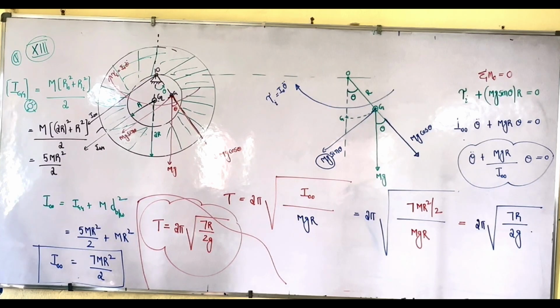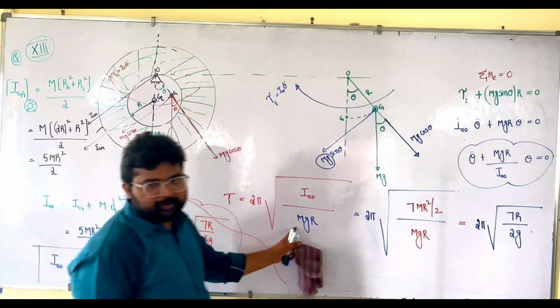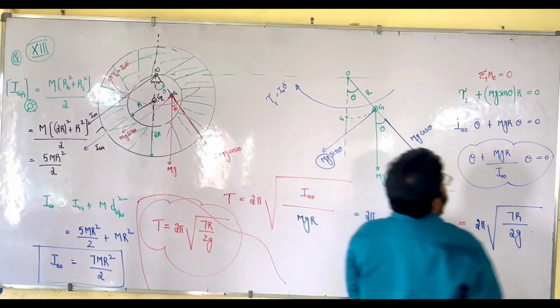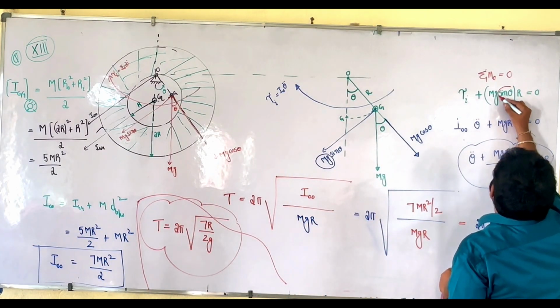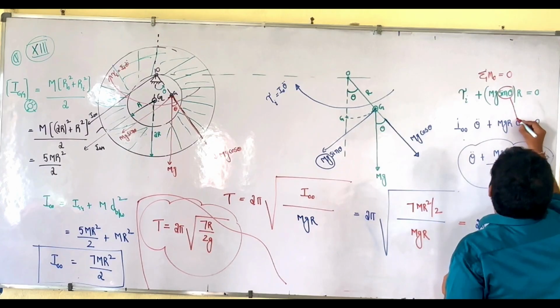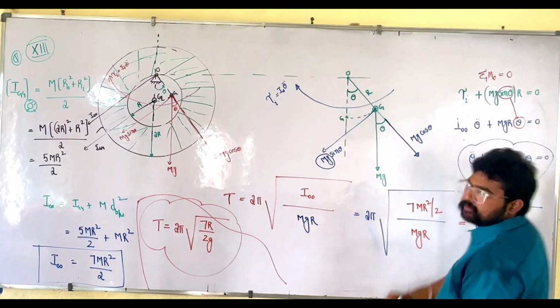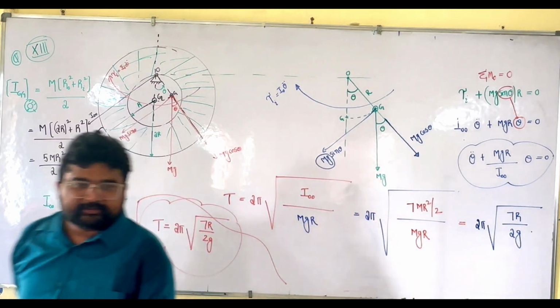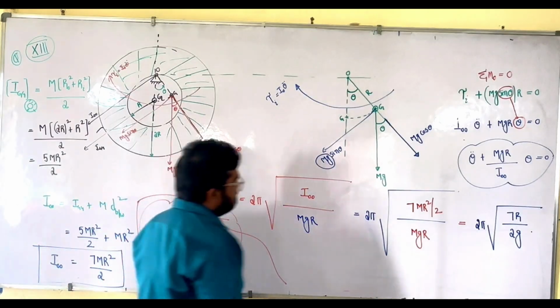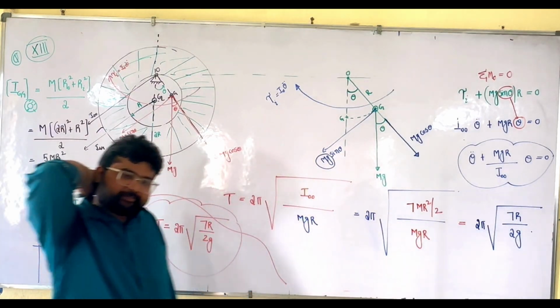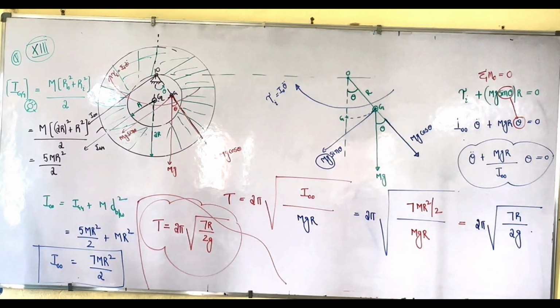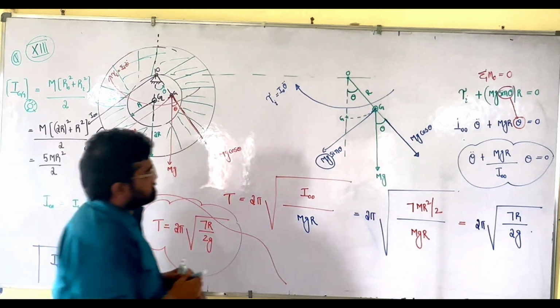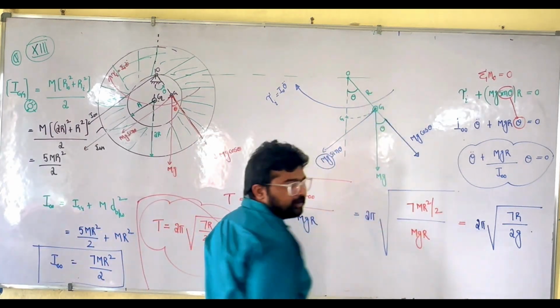Tell me. mg here in the denominator, that theta will go here now. This sin theta turns out to be theta only, right? Clear? In the shortcut, straight away mg into r will come. Moment of weight only, mg into r.